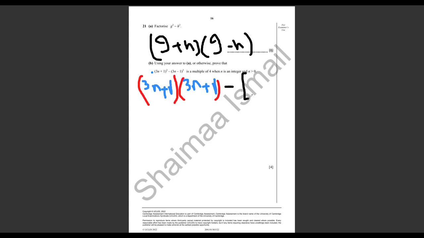Minus a big bracket, 3n minus 1, then another 3n minus 1. Okay, close them. And here we are going to multiply these by each other. So it will be 3 times 3, 9n squared.